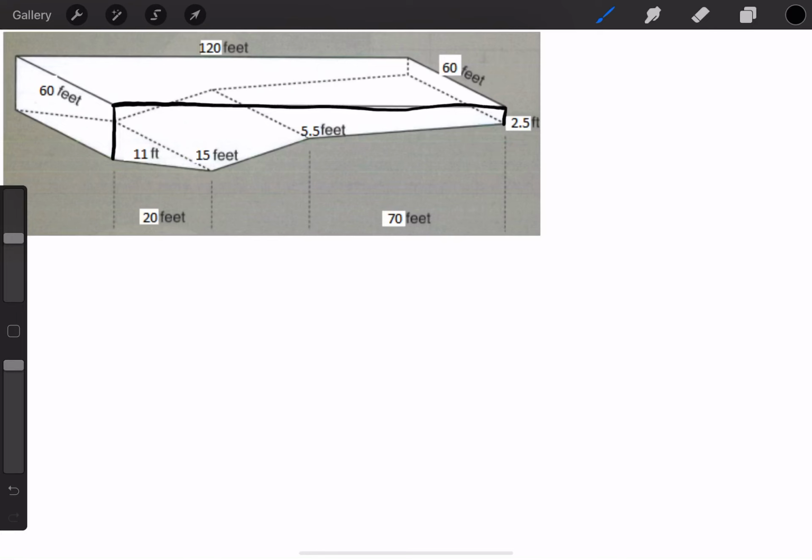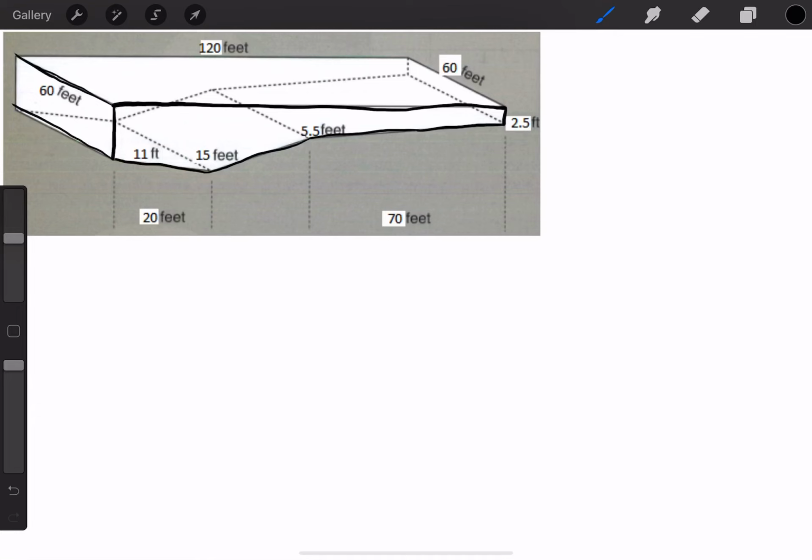So I'm highlighting here this two-dimensional front face. Once we find the surface area of that, I'm going to think about ultimately multiplying it through a third dimension. That's really all the volume formula does.